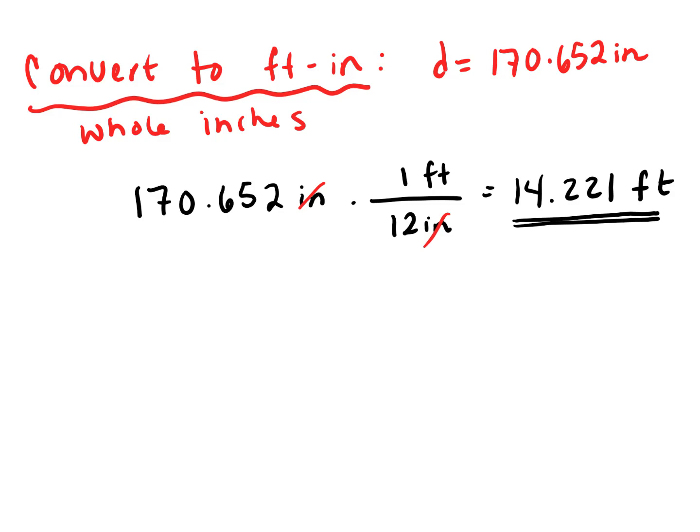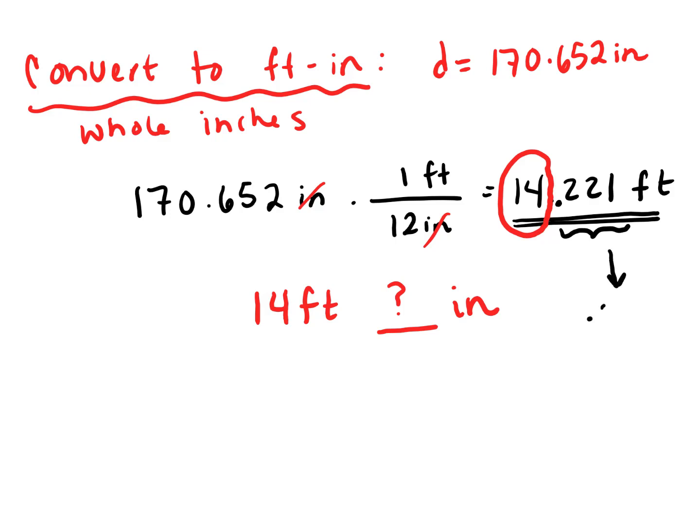But here's the thing. I know now that there are 14 whole feet, so I can say 14 feet. What I need to figure out is how many leftover inches there are. This is kind of like what we do with the 16th of an inch, the 32nd of an inch, an 1/8 of an inch. We've done this before. We look at what was left over, that 0.221, which is in feet.